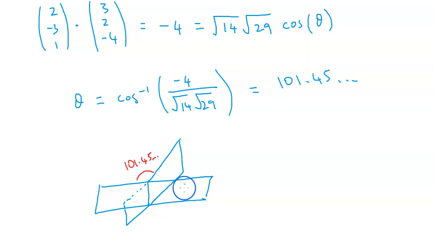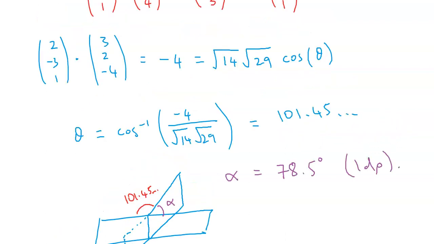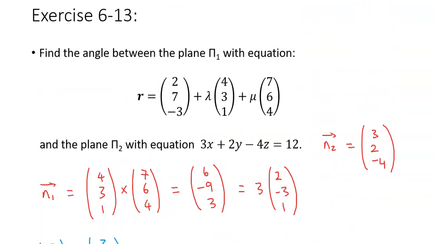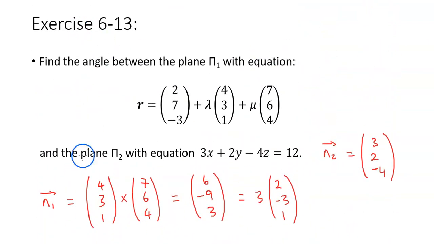To find the angle that we want, the acute angle, we can simply subtract that from 180 degrees. So the angle alpha between the two planes is 180 minus our answer, which is 78.5 degrees to 1 decimal place. So that concludes exercise 6.13.